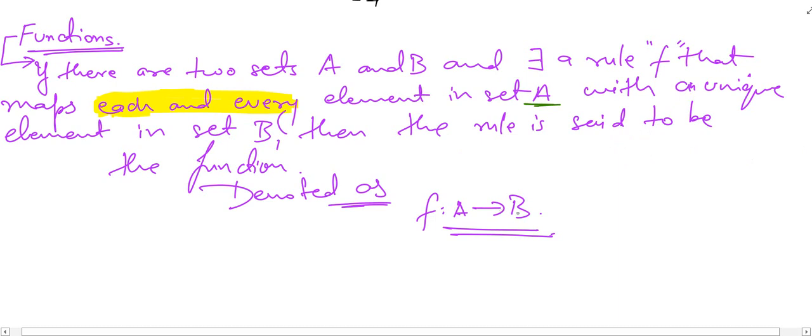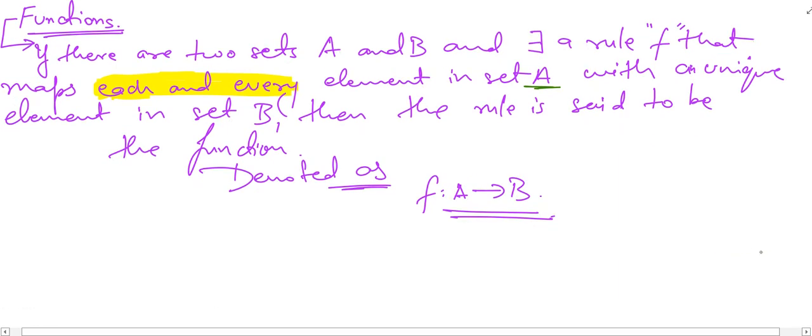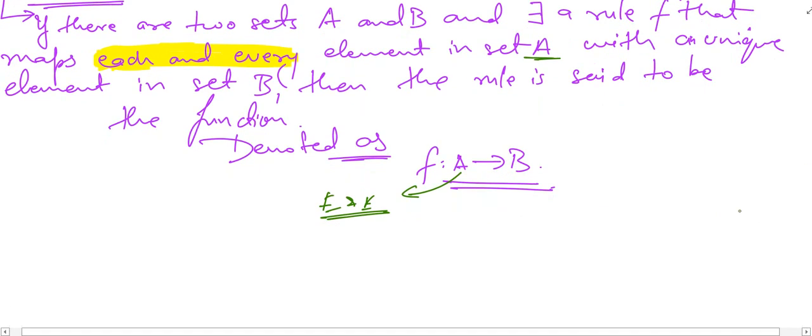This arrow shows that elements of A are being mapped with elements of B, right? And the key thing to remember is that each and every element of A has to be mapped with some element of B. If each and every element of A is mapped with all the elements of B, then it's also a function, but it would be a different kind of function.